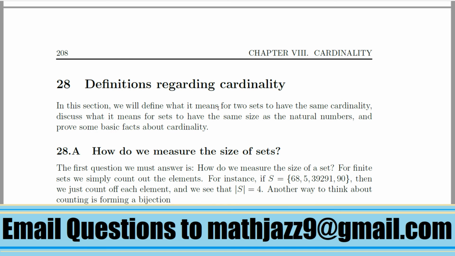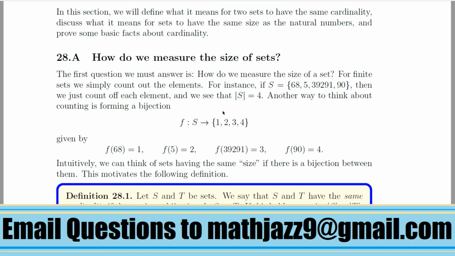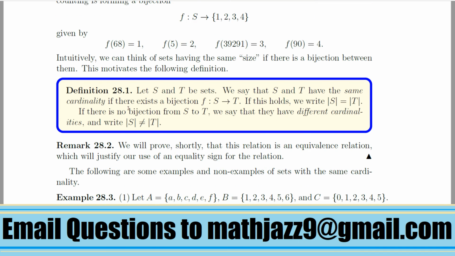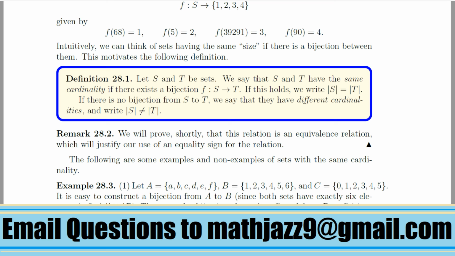So, I guess the first thing is our definition here. Let S and T be sets. We say that they have the same cardinality if there's a bijection between the two, and we use this notation to represent that. We've actually used this notation in previous sections.